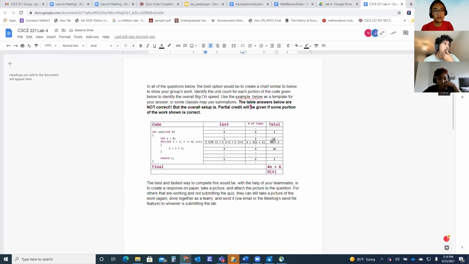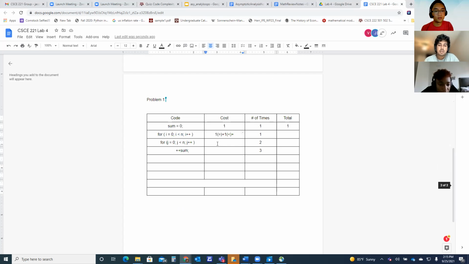Well, the way they did it in the table, they didn't have any of the n. They used the n for the number of times. Got it, makes sense. And then for the i++, we count it as 1. It said so in the notes, if I remember correctly.